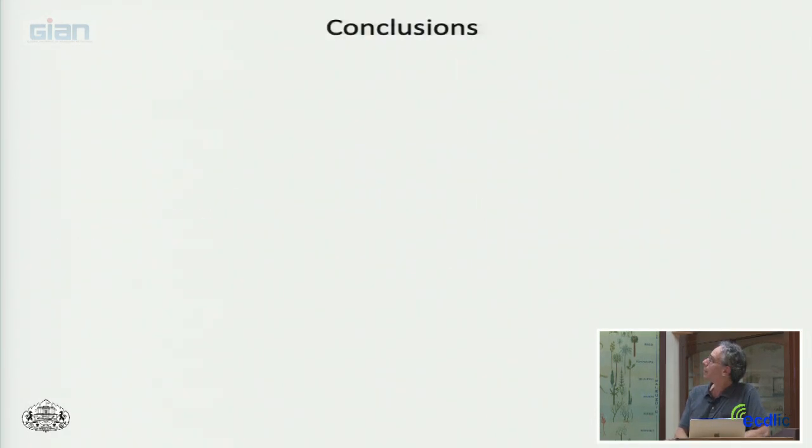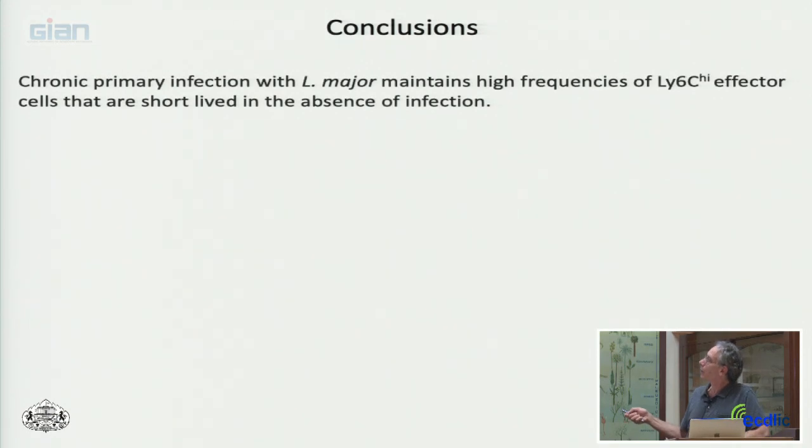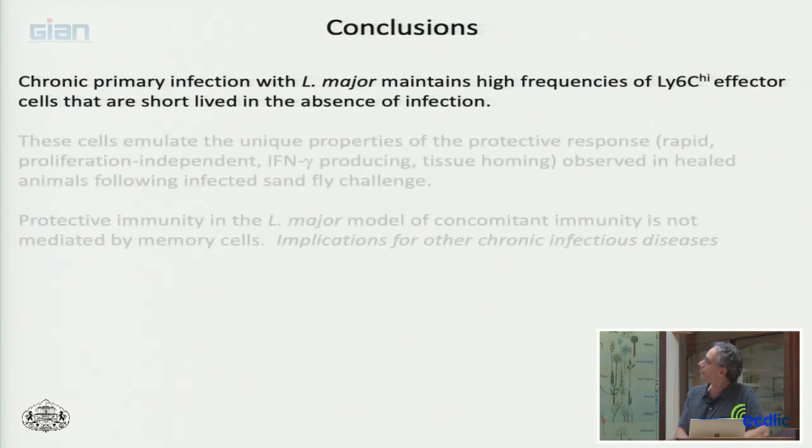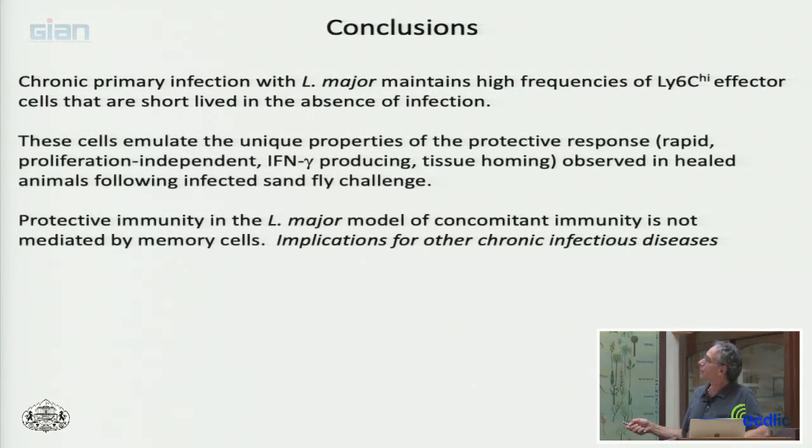Okay. So the conclusions: chronic primary infection with Leishmania major maintains these high frequencies of effector cells that are short-lived in the absence of infection. So these cells reproduce the unique properties of protective response: rapid, proliferation independent. These are cells that don't have to first proliferate to do anything. They produce a lot of gamma. They're already ready to produce gamma because they're effector cells.